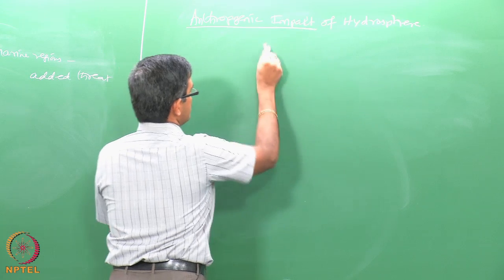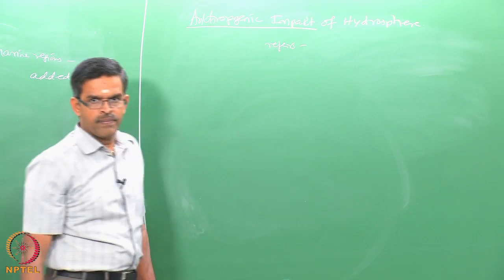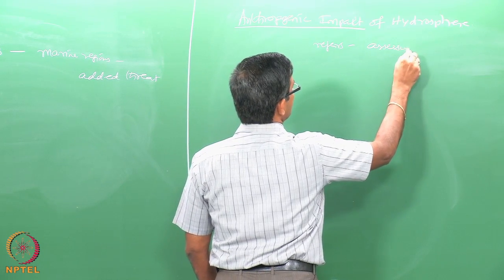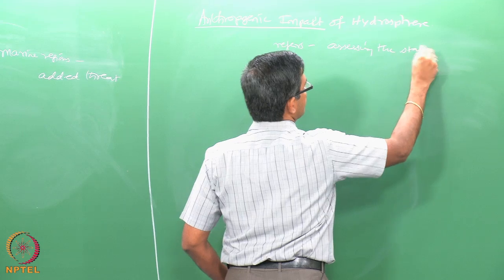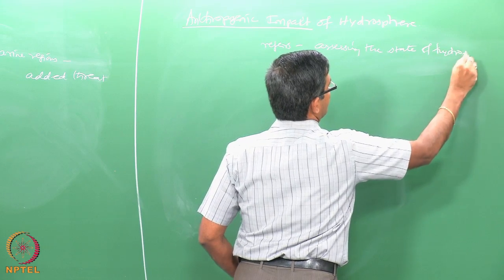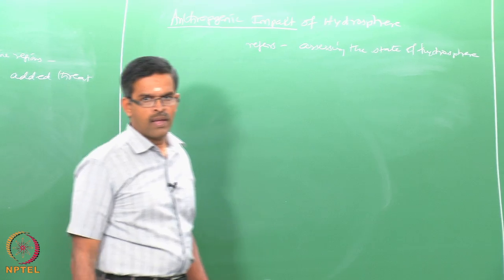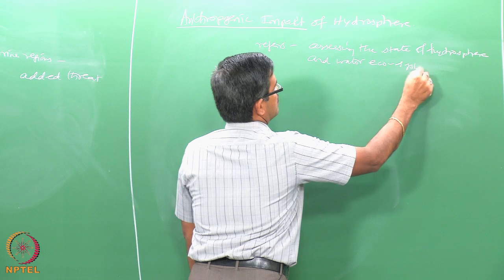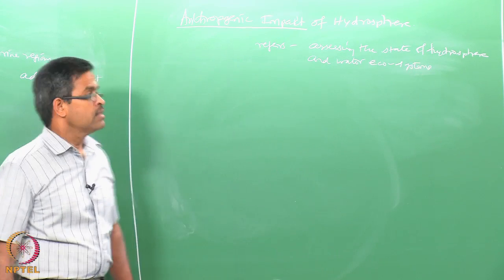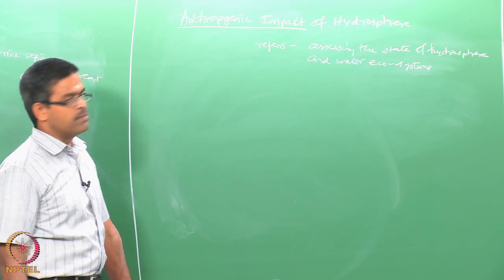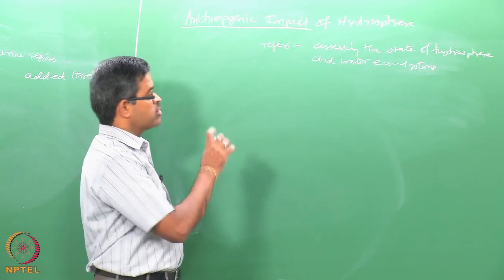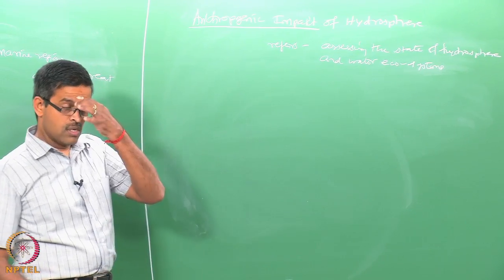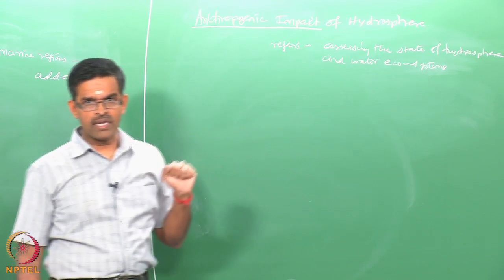Anthropogenic impact refers to assessing the state of the hydrosphere and water ecosystems. So, if you want to analyze and assess the condition of the existing hydrosphere and water ecosystem, I call that anthropogenic assessment. Now, I am looking at the impact caused on the hydrosphere because of oil and gas industries.